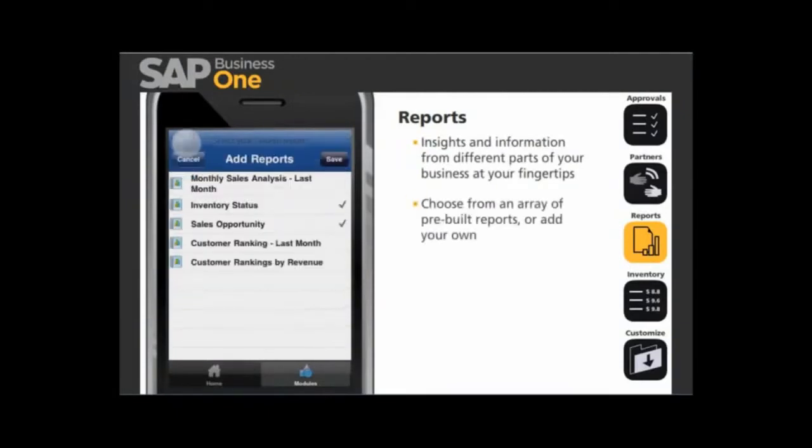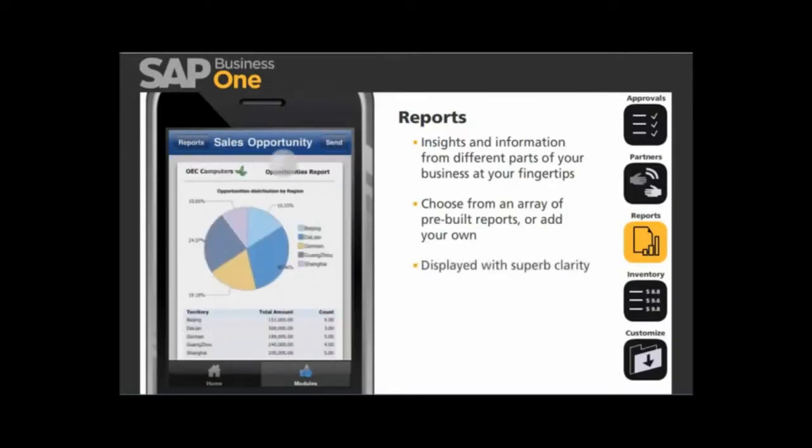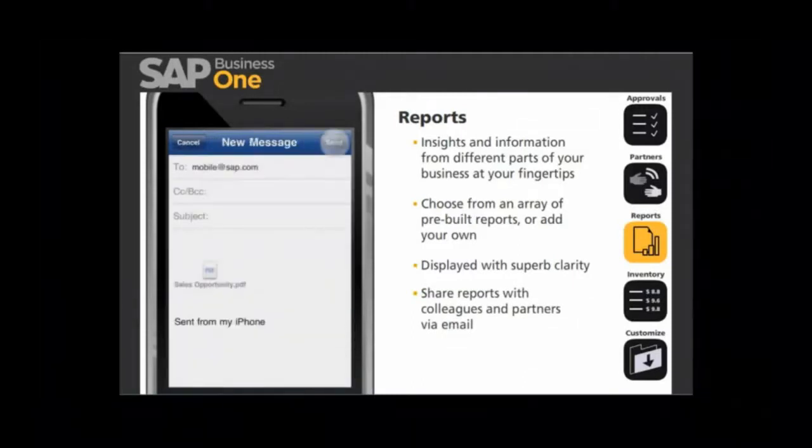You can choose from an array of pre-built reports, or you can add your own customized reports to access the information that matters to you most. You'll be amazed to see how the reports are displayed with superb clarity on the iPhone's high-resolution screen. If you want to take a closer look at report details, you can easily zoom in and out using the multi-touch technology. The application also allows you to share reports with colleagues and partners via email. All you need to do is just click on the send button and type in the details.